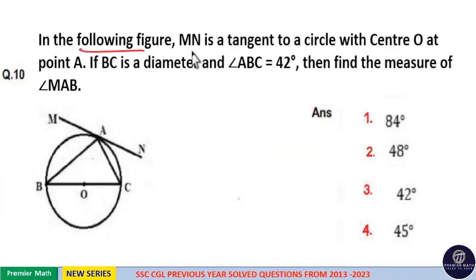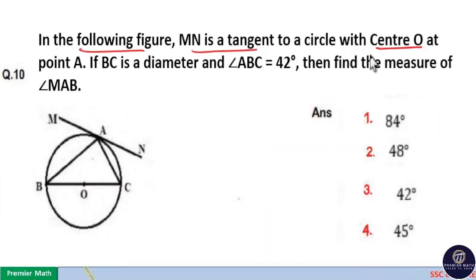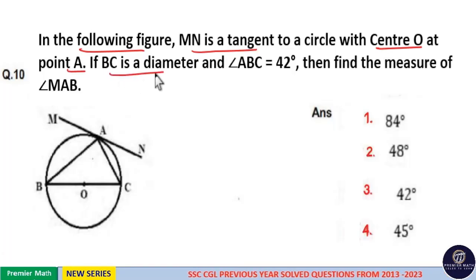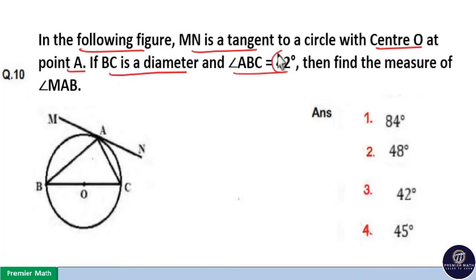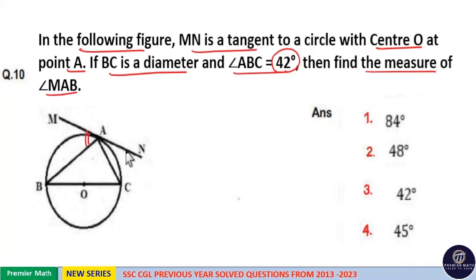In the following figure, MN is a tangent to the circle with center O at point A. If BC is a diameter and angle ABC is 42 degrees, then find the measure of angle MAB. This is angle MAB. Now there is a theorem: this is tangent MN and this is chord AB.